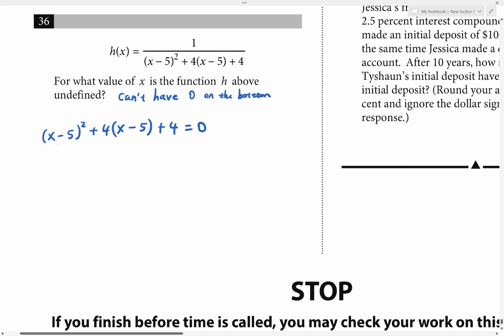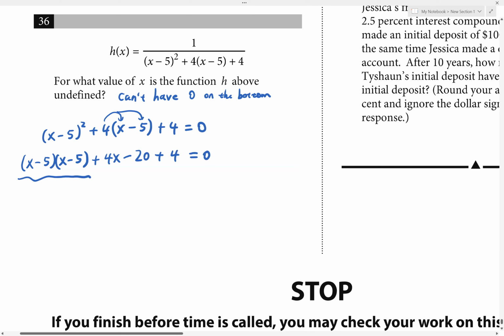This x minus 5 squared, we can expand first, and then distribute the 4 for the 4 times x minus 5 to get 4x minus 4 times 5, that would be 20, and then plus 4 equal to 0.